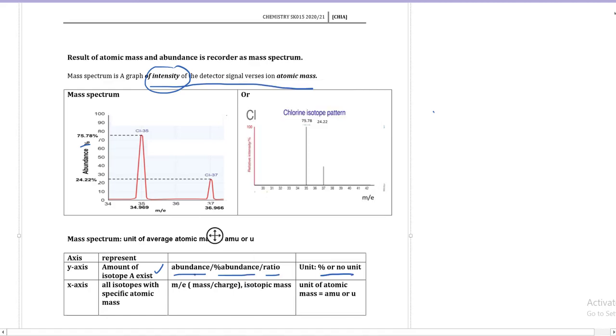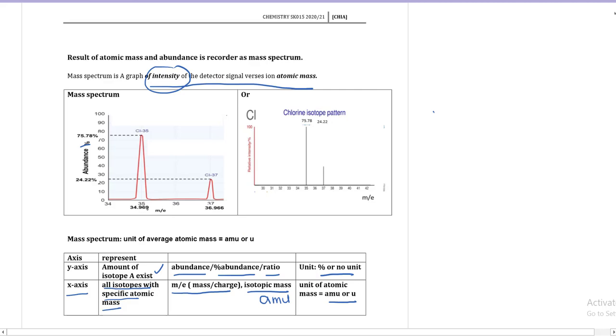Okay, now the x-axis. The x-axis shows all isotopes with specific atomic mass. Let's say for carbon, there are 2 isotopes, so 2 isotopes will exist. The x-axis uses mass over charge, or isotopic mass. For isotopic mass, usually they give you AMU, the unit of atomic mass, or u.